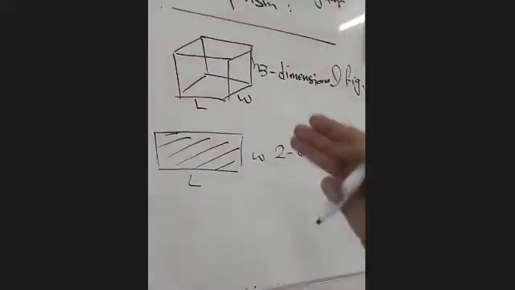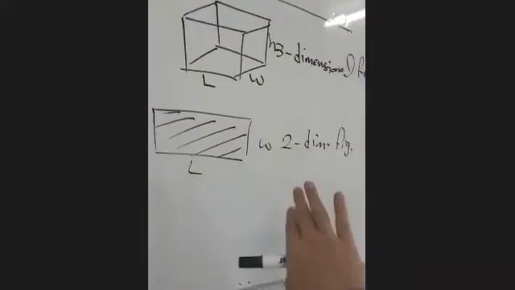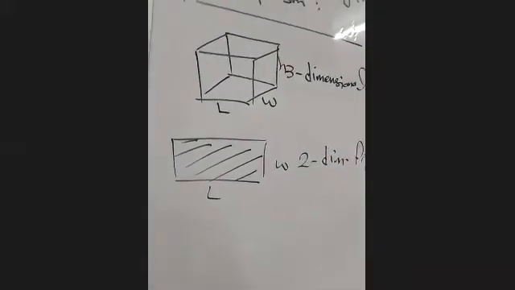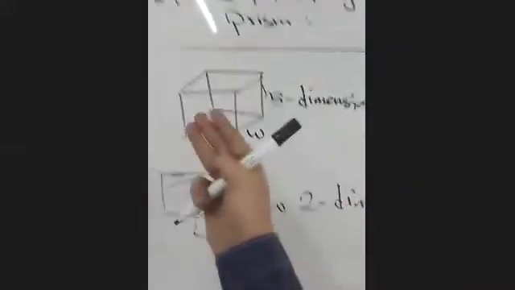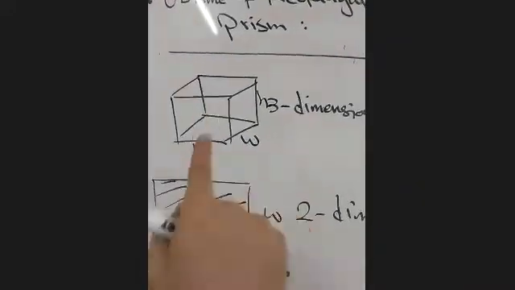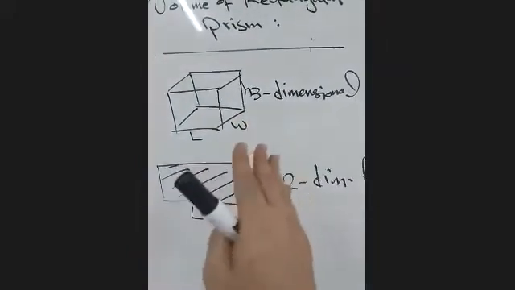So with 2 dimensions, we can find areas. We took that in module 8. Now with 3 dimensions, we can find what? Volume and surface area, but we'll take the surface area later.